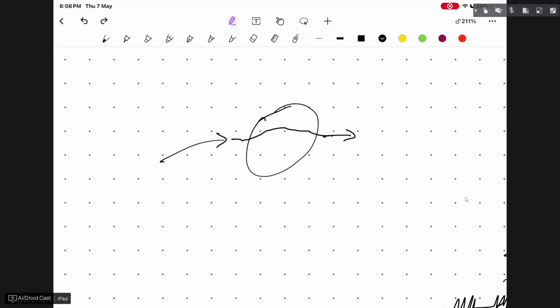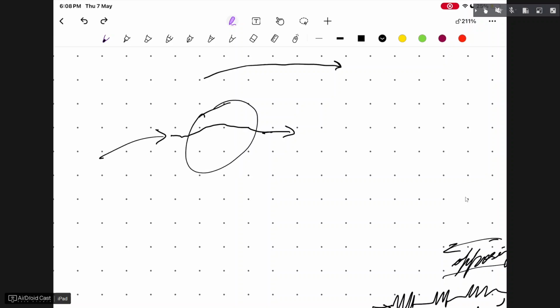Because charge has to go through the electrons, right? If free electrons are there, it creates a bridge, it creates a road. If the electrons are bound, that means there is no charge. If there are no free electrons, then that means it's a neutral body.